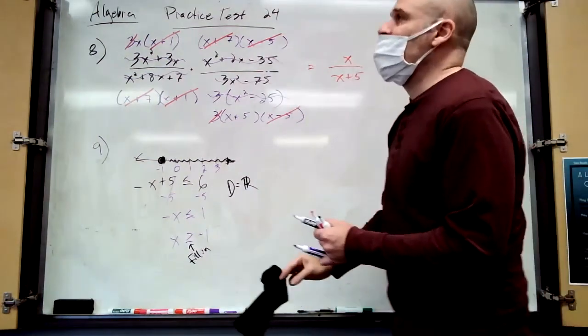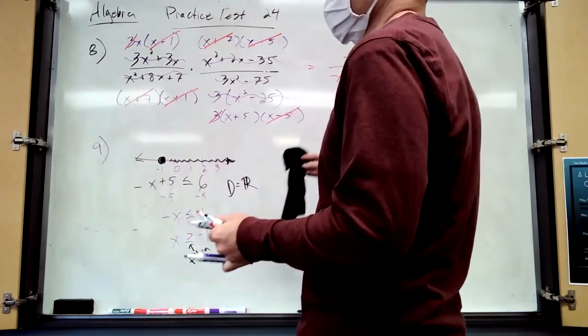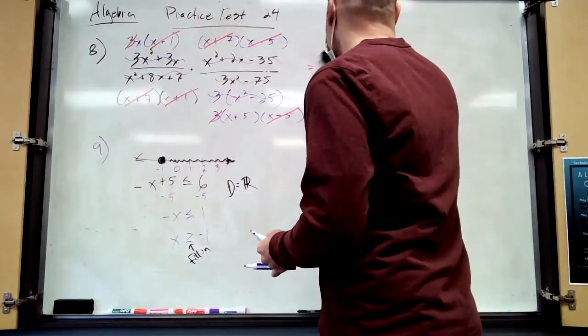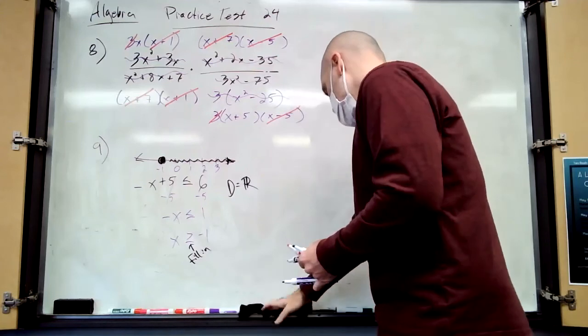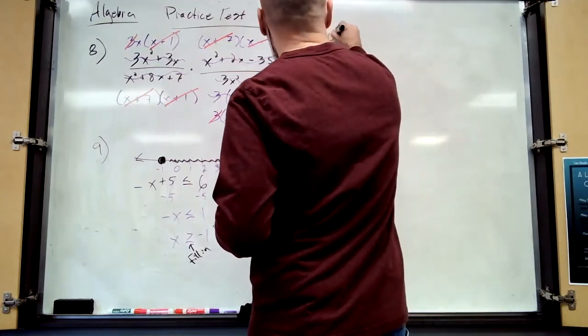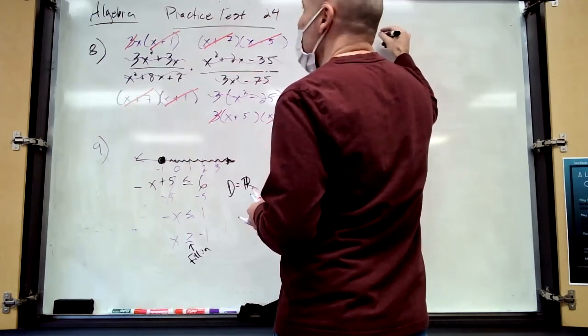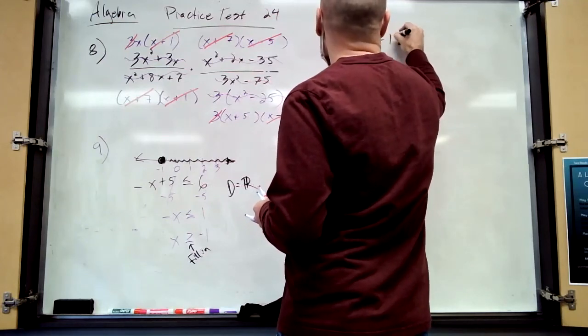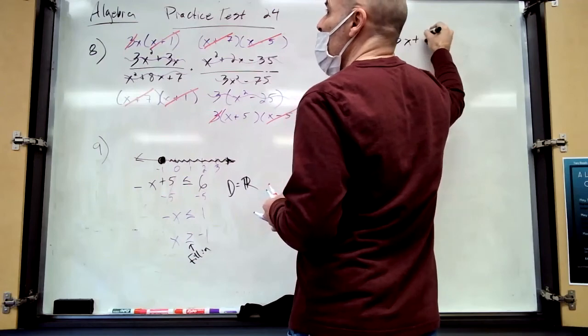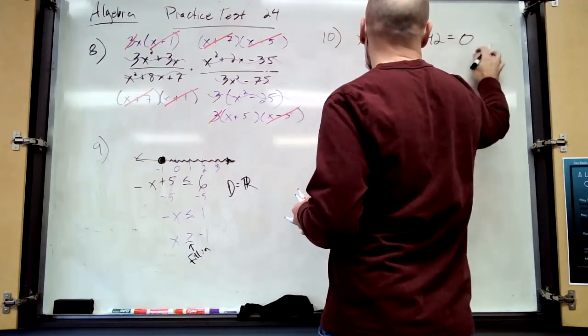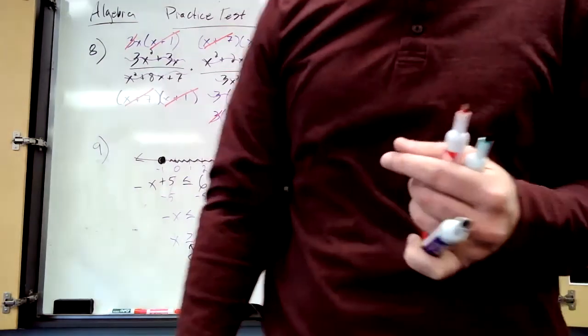All right. Number 10. We should do just number 10 and 11 since they're both the same kind of problem here. Number 10, x squared plus 13x plus 42 equals 0. Why'd I do that? That's not the problem.